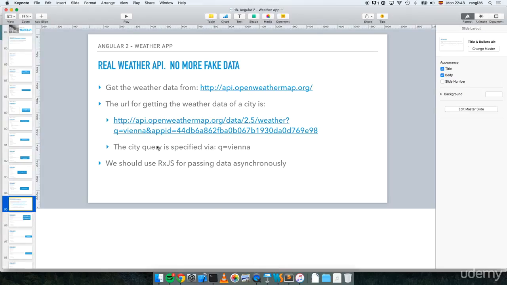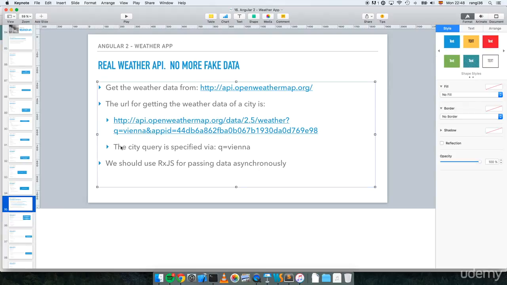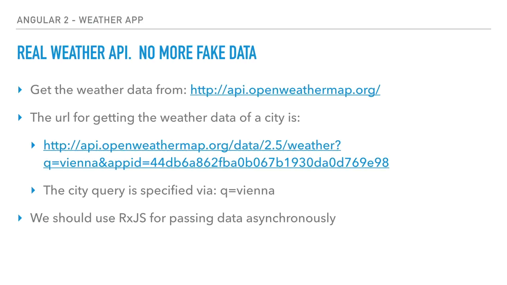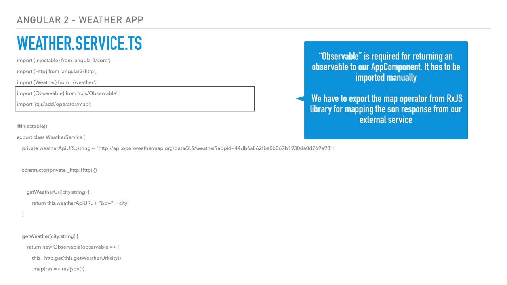Let's go back to slides. We will have a parameter that is the query, where we will specify the city that we want to query. So from the weather service, we have to configure several things. Here we can see that we have to import the Observable from the RxJS library.